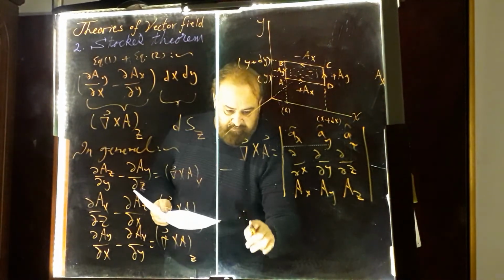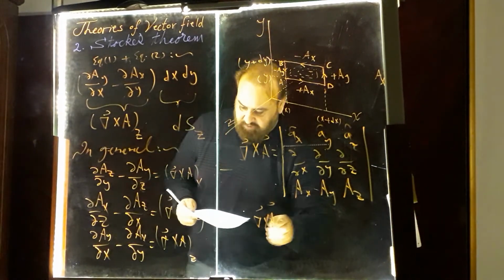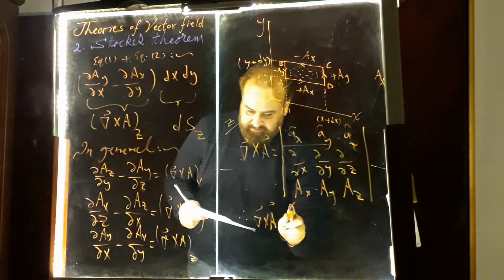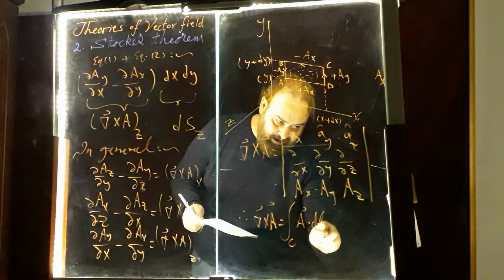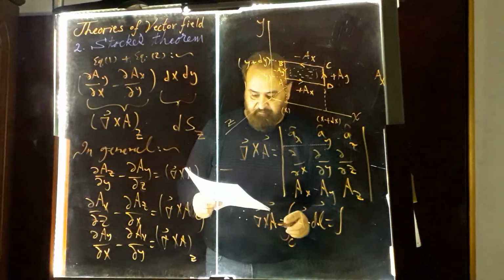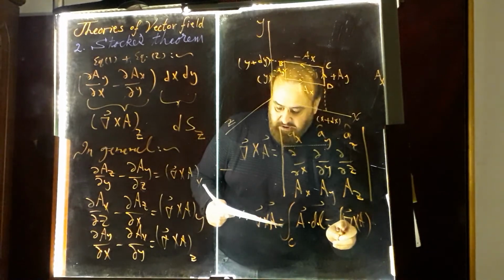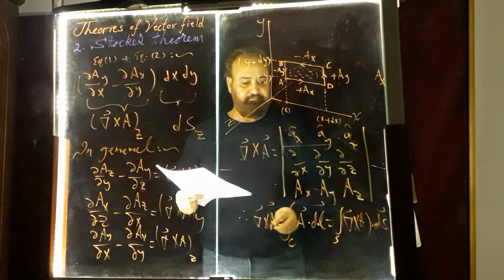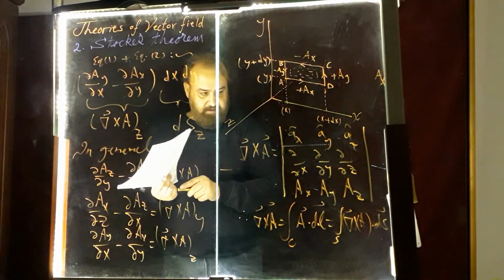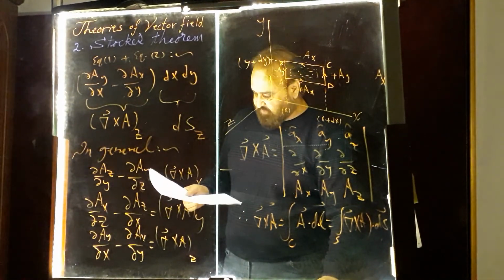So the line integration of the vector field A dot dl is the circulation, and this is equal to the surface integration of curl A dot dS. And this is the circulation density.